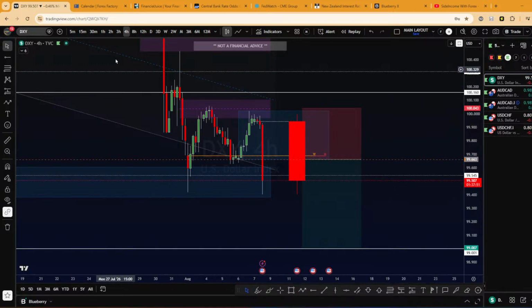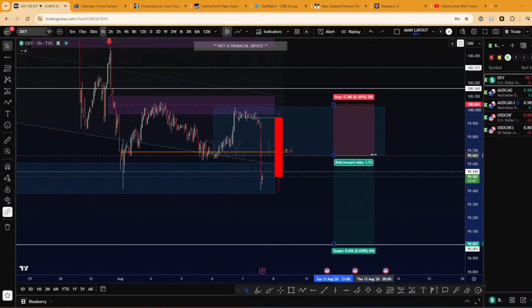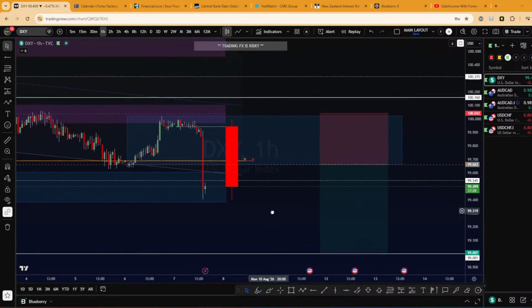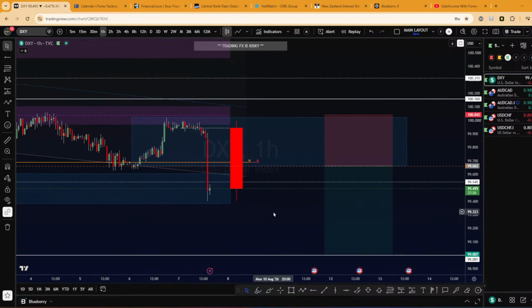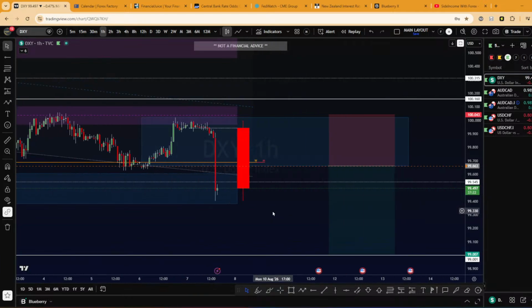Put some highlight here. The problem is we are at the end of the week. Are we going to see another volatility to drive this price lower? I'm not very sure. And it's very risky to leave the trade over the week.